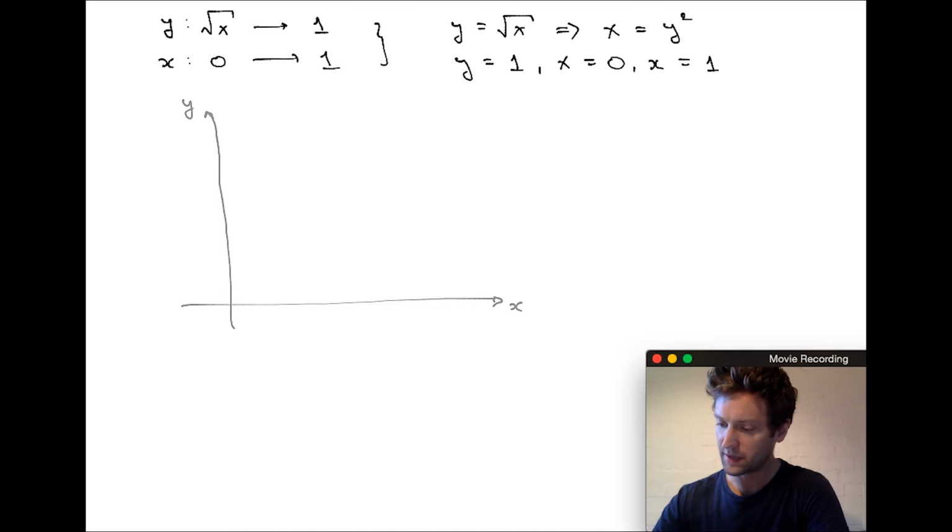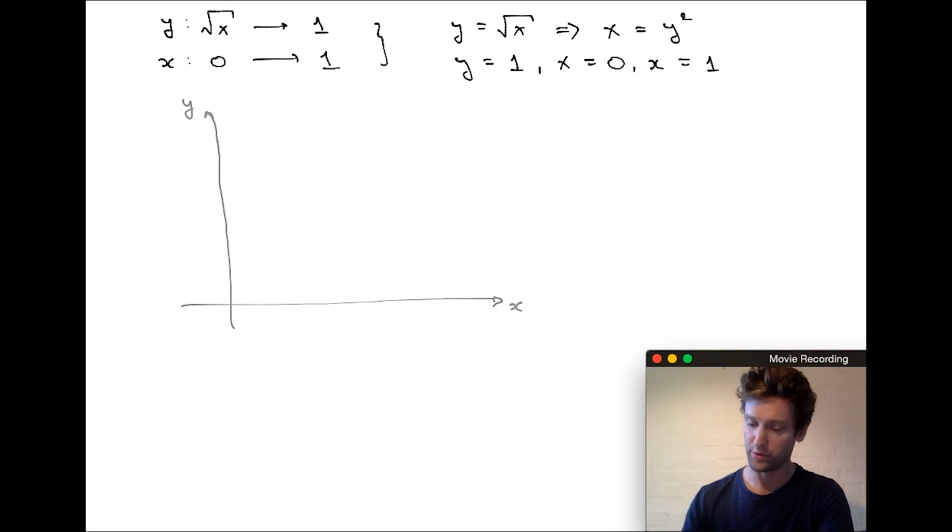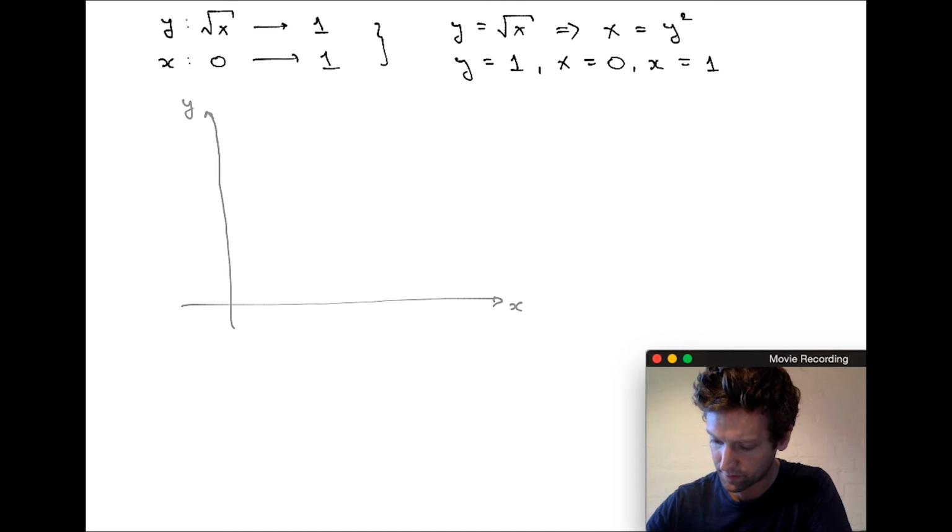Let's start off by sketching the line y is equal to the square root of x. That's going to start at the origin and move off like that.